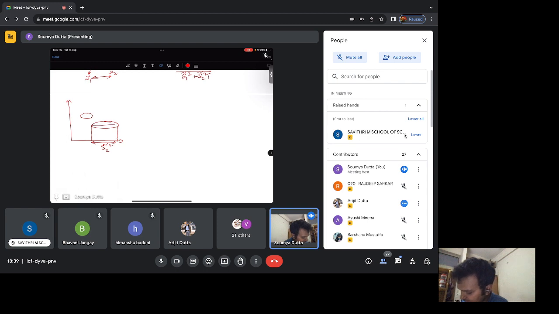The scatter of this and the scatter of this is preserved. I'm not talking about the y-axis, I'm talking just about the x-axis right now. When you are doing it like this, the scatter for both of these classes will be preserved on the x-axis, correct?